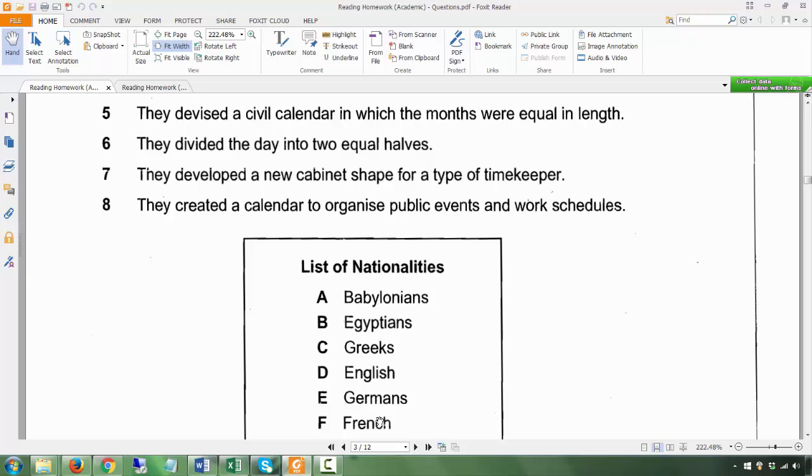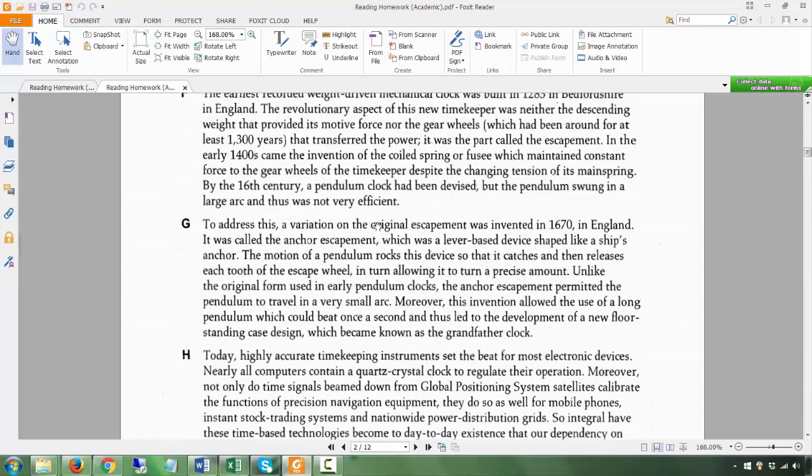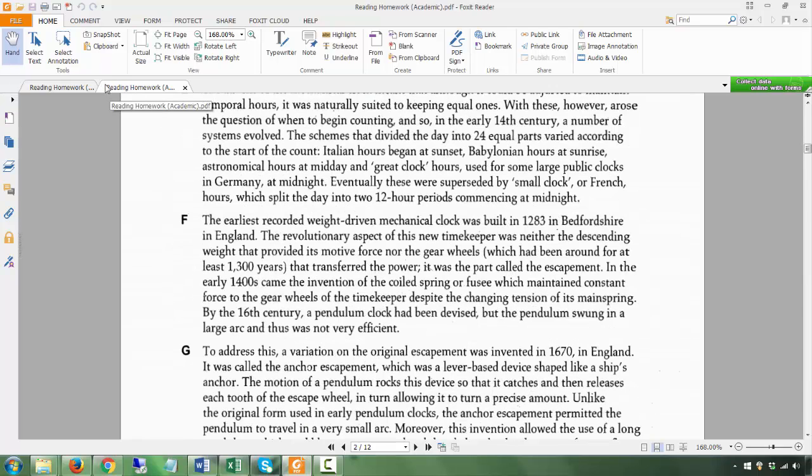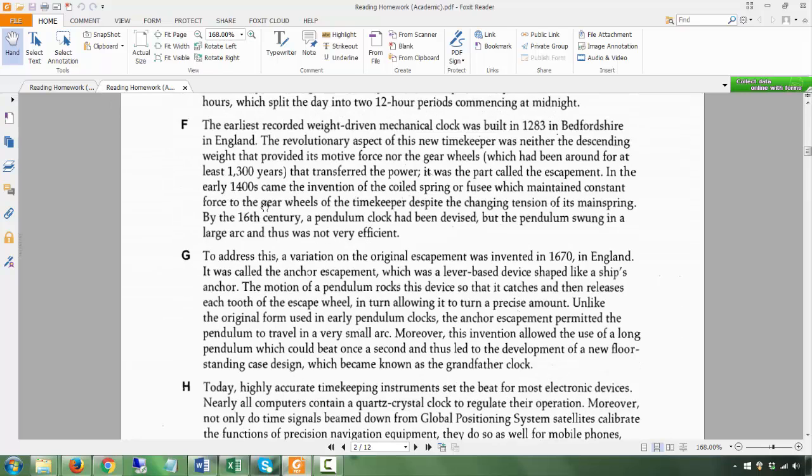For 6, they developed a new cabinet shape for a type of timekeeper. So, new cabinet shape. Now, it's all about a shape they develop for a type of timekeeper, something that keeps time. Okay, this is found, firstly, this is the English. And so it's basically in paragraph G, right? You have England.